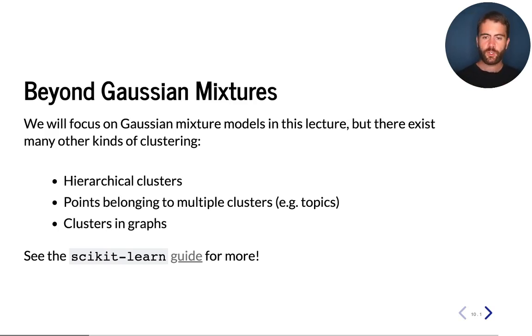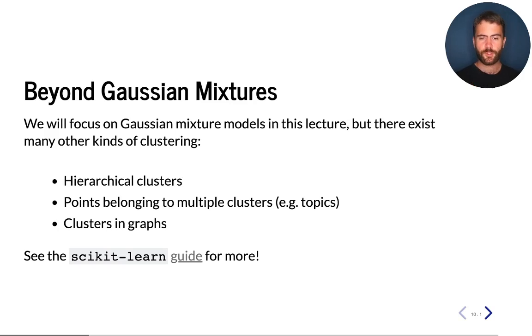We can also have points that belong to multiple clusters. This is often useful in areas like topic modeling, if we are modeling news articles or tweets, which could be about different sets of topics, and there's a different set of words that characterizes each topic. This is often described using multiple topics with multiple assignments.